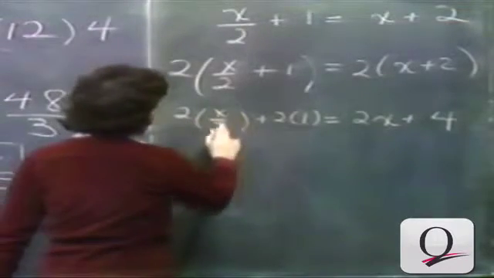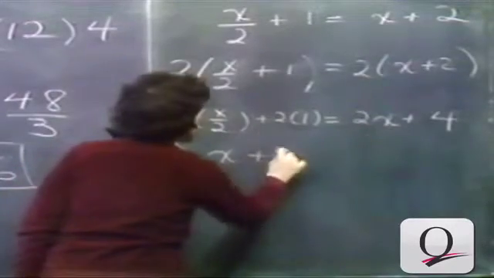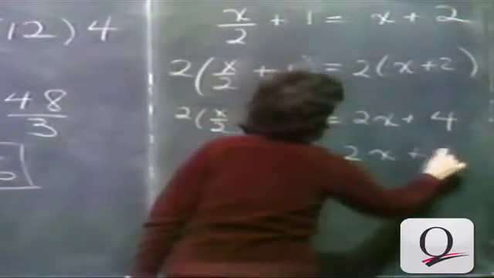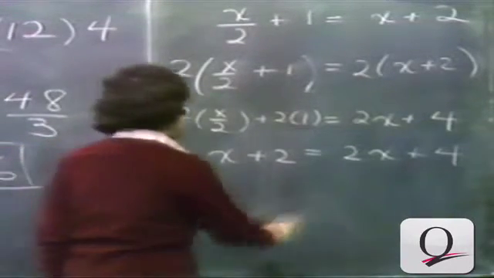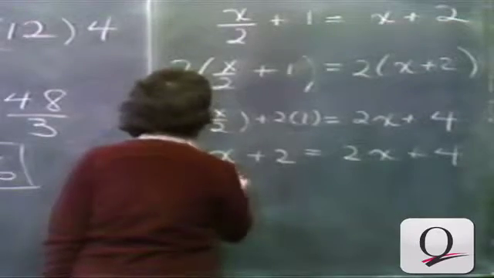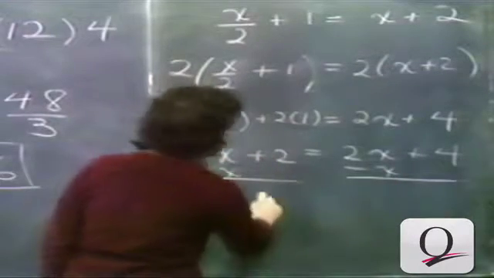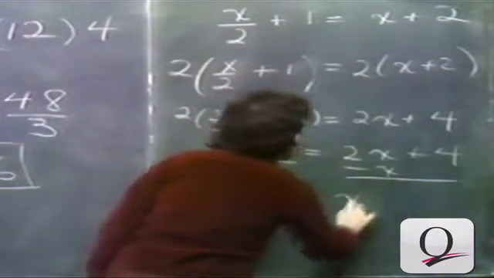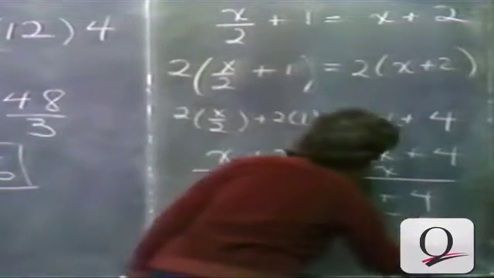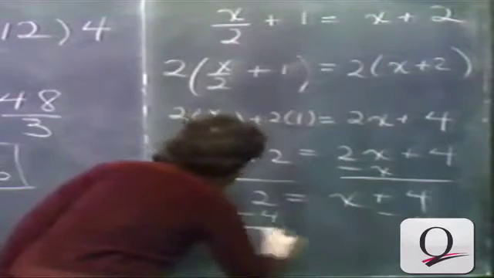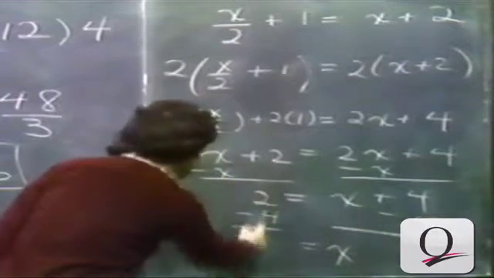Over here, 2x over 2, we can divide out the 2's. The 2's cancel. We get x plus 2 equals 2x plus 4. Now we have a nice simple equation without fractions, and we can subtract x from both sides, giving us 2 is equal to x plus 4, and then subtract 4 from both sides of the equation, giving us a final answer of x equals minus 2.